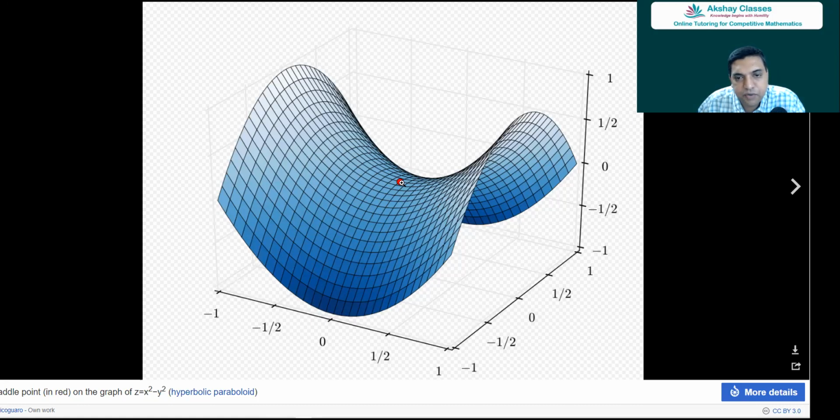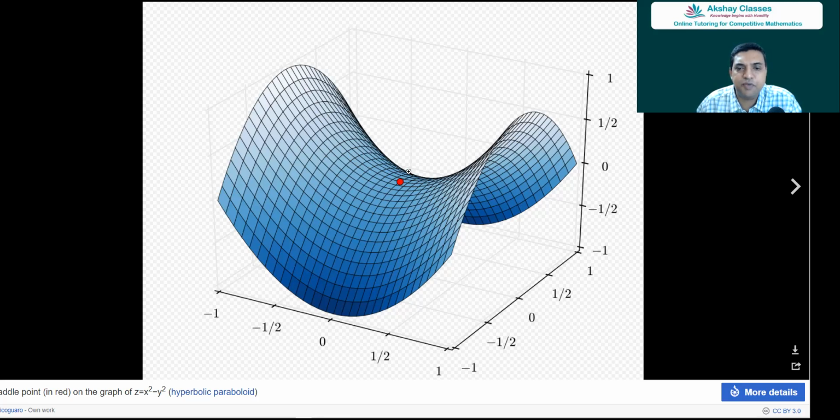But then you take this path, this line, this red point is the point of minimum. So depending on which curve you choose along the surface, this point is either a point of maximum or a point of minimum. So from the surface point of view, this is neither a point of minimum nor a point of maximum.